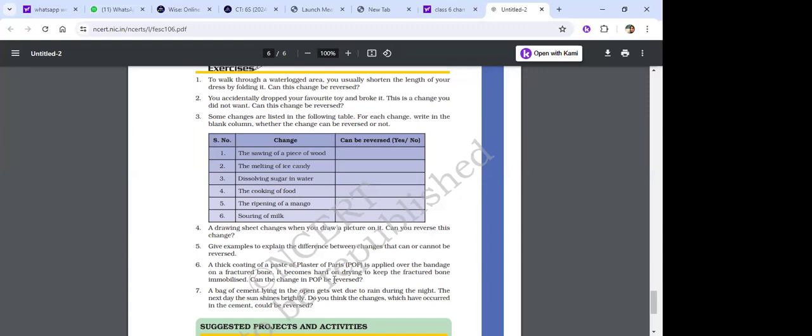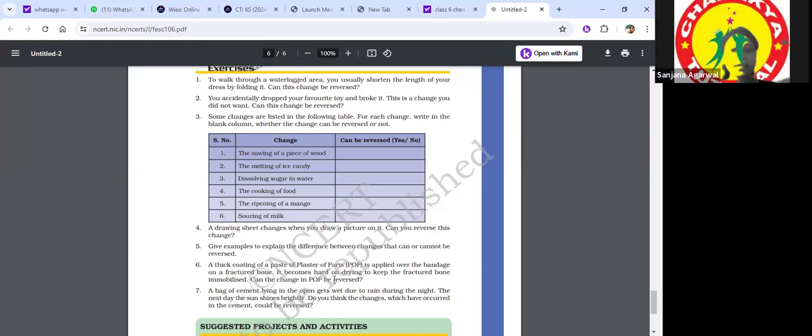It cannot be reversed. POP is the same material which is used to design the ceiling of your room. The white colored material, although we can color it later on, gets hard with time.